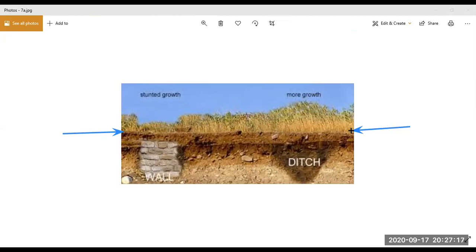It's all fine. But what happens is, as there's a deficit in storage of water in the ground above the wall, then the crop above the wall has a clear stunted growth, as you can see. But above the ditch, there's more growth.